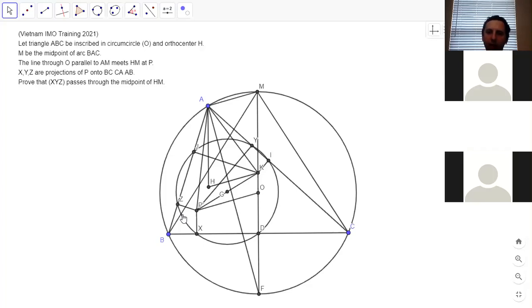Is it obvious that the pedal circle of K passes through the midpoint of HM? I'm not sure that that's that obvious.